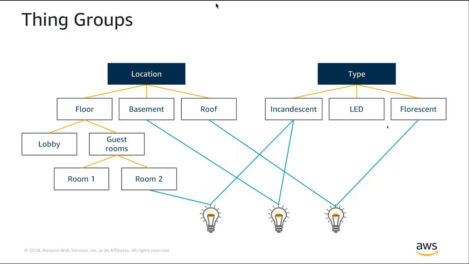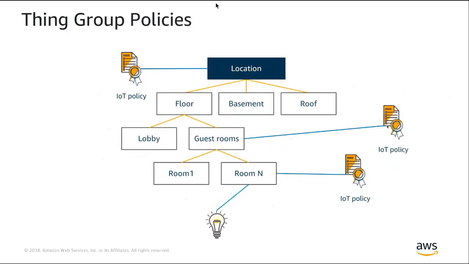And I can continue this down and down with groups until I have my individual devices at the very bottom of my hierarchy. Once this is defined, you can start taking advantage of other AWS services as part of device management. For example, with the same hierarchy, you can create IoT policies. So you can say by default, any device that's in a given location should have a default policy that allows it to publish on a location topic.